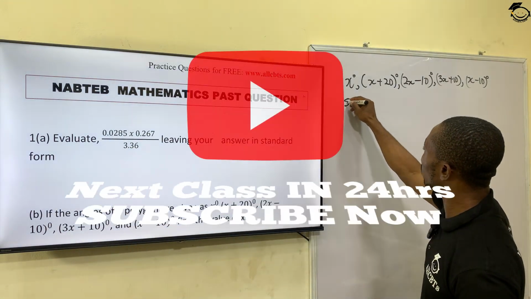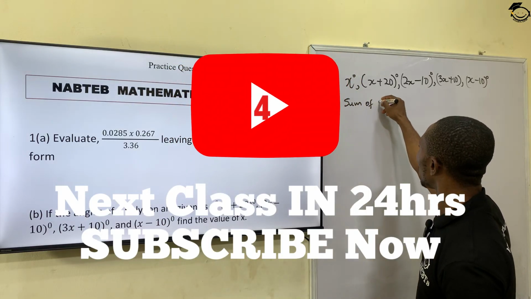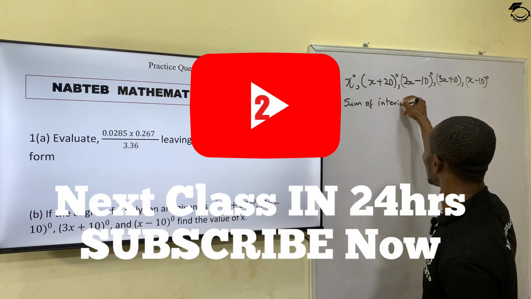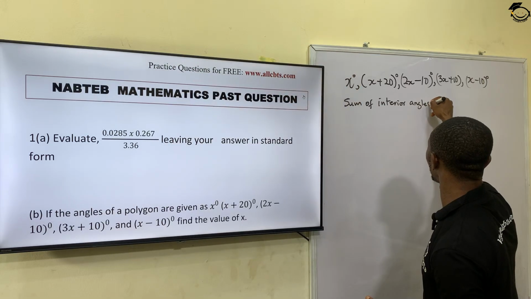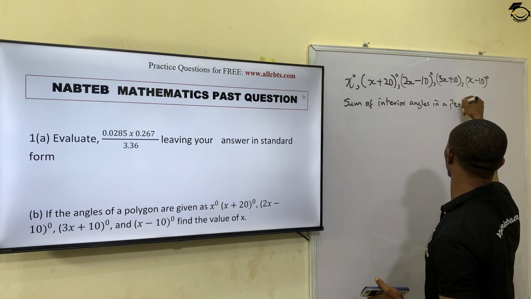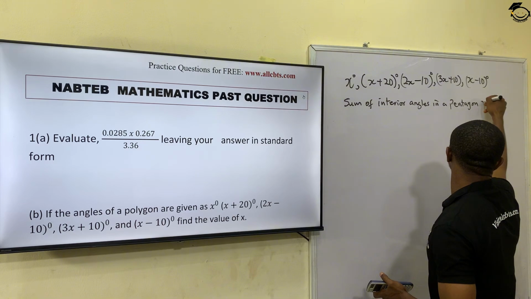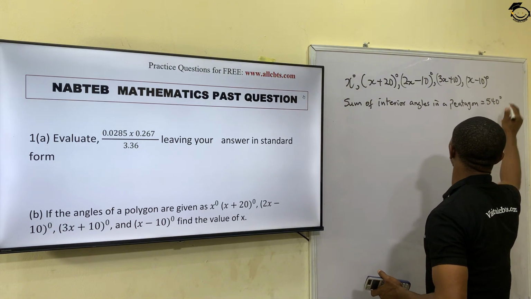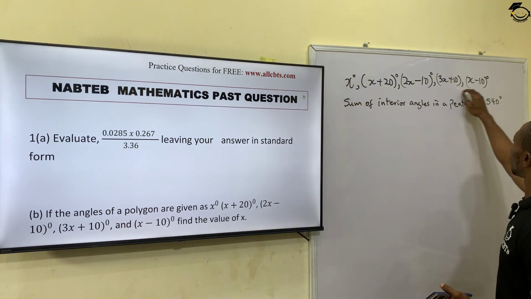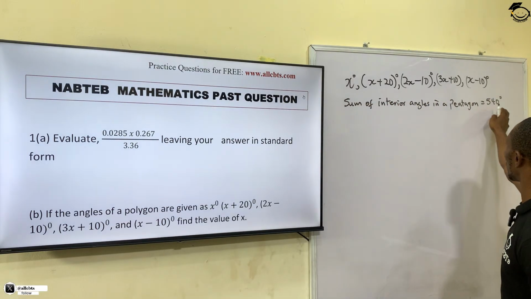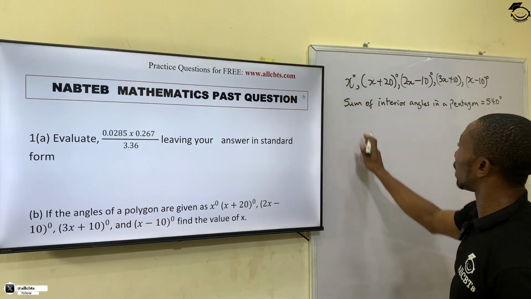And the sum of interior angles in a pentagon equals 540 degrees. That means the sum of all these 5 angles will be equal to 540 degrees. So let's add it all up.